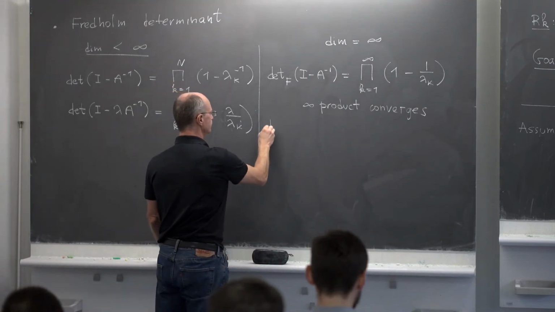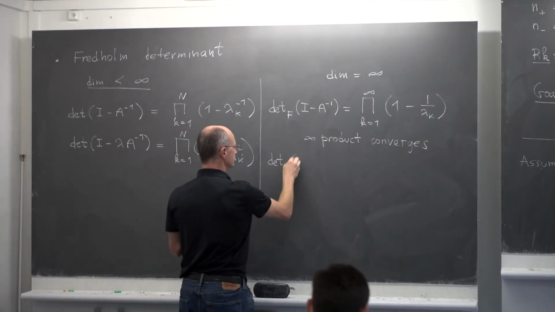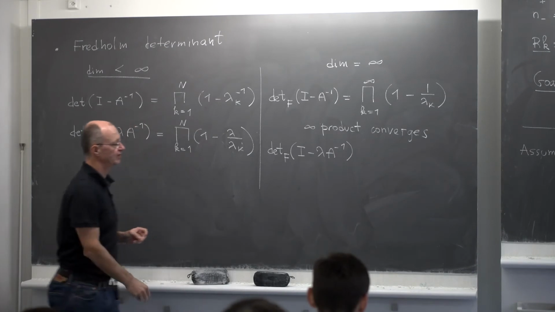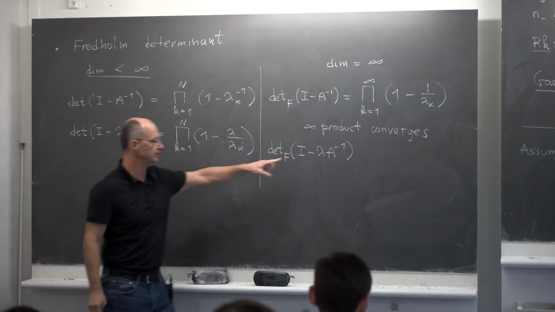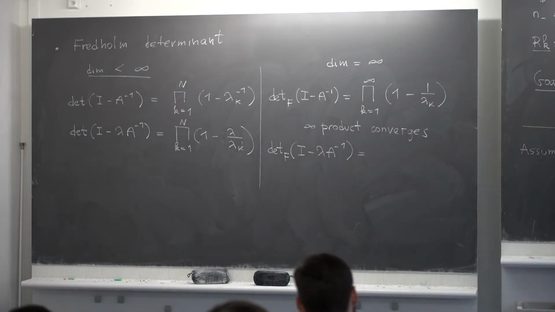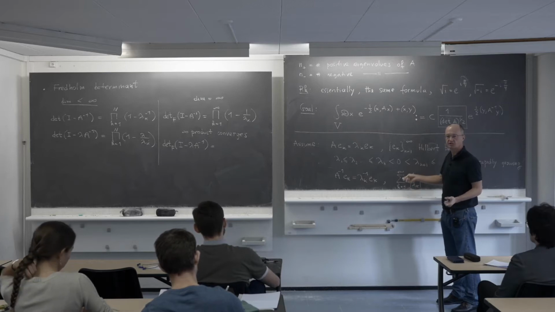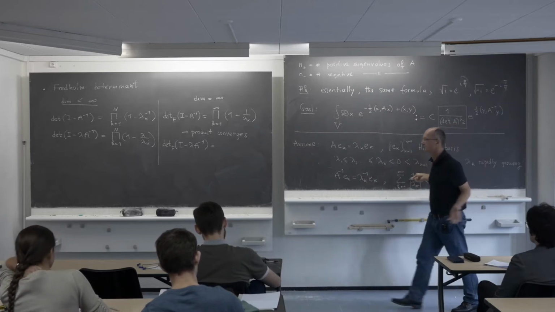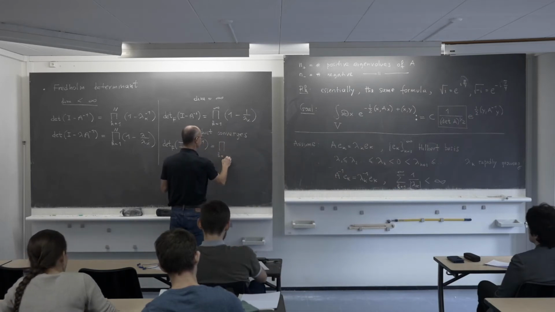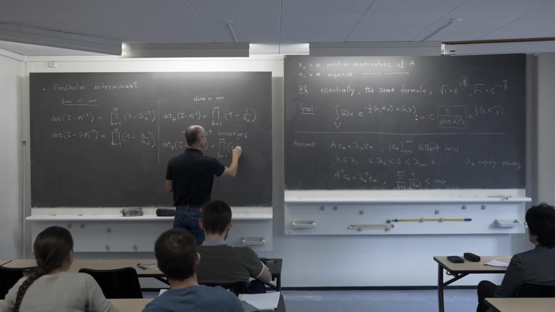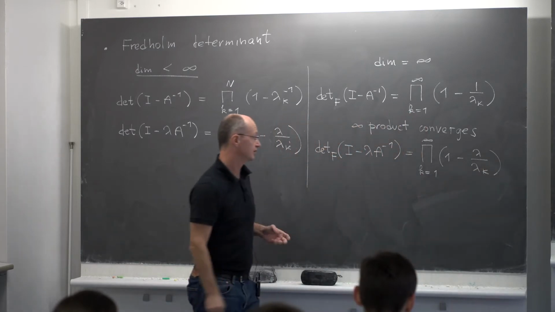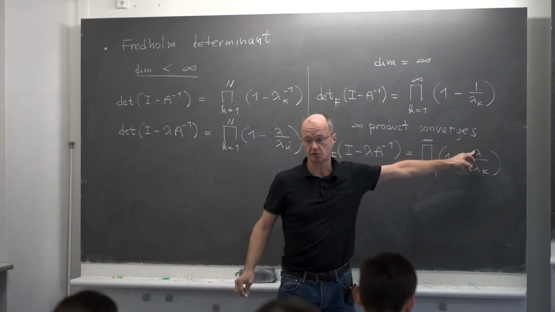Now, of course, in a very similar fashion, we can add the parameter lambda. If we multiply or if we divide all lambda k's by lambda, of course, this series is still absolutely convergent. We're just multiplying it by some number. So we obtain an infinite product, which now depends on lambda.